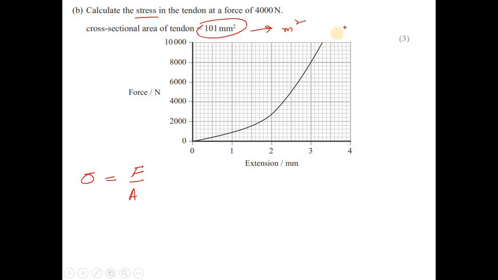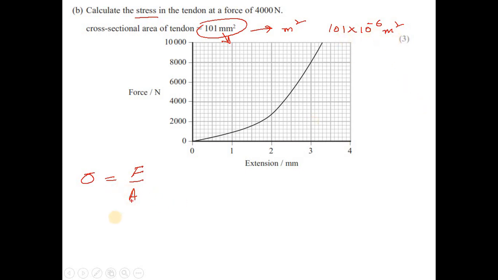And how do you do that? You just replace the value of m, which is milli. So 101 milli is 10 to the power minus 3, but it's not just a milli. This is milli square. So instead of 10 to the power minus 3, you do 10 to the power minus 6 meter square. So this is the area in meter square.